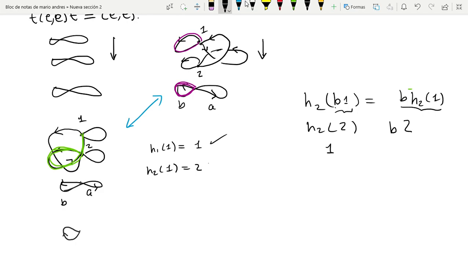We have again the V in reverse, and we need to lift it on 2. But the lift is just this one, no? It goes like this, right? So V acting on 2 is just 2, right? And 1 does not equal 2.